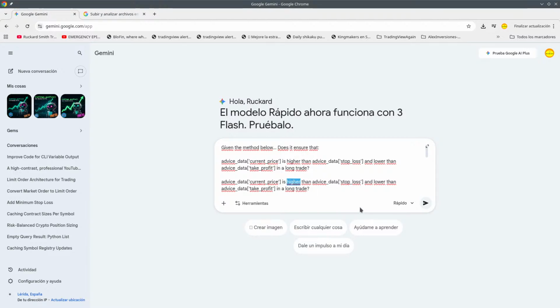And lower than the stop loss and higher than the take profit in a short trade.